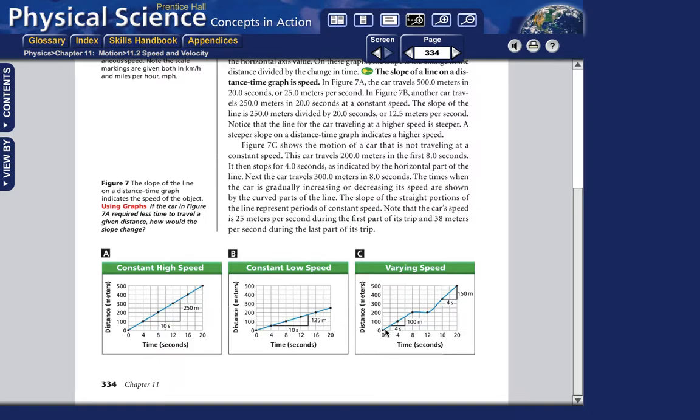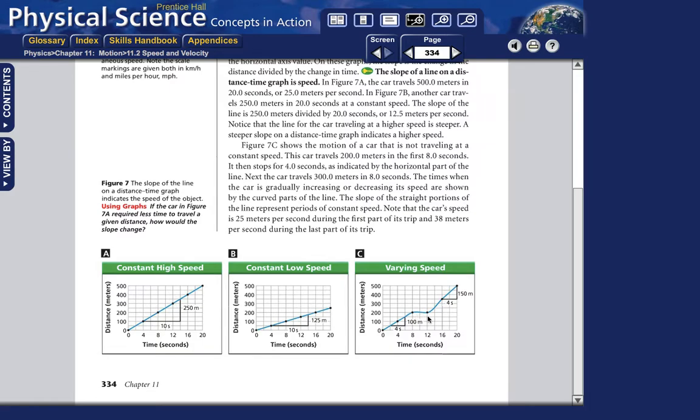All right, on this one right here, this is varying speed. You can see that they're increasing here, and then look what happened here. They stopped because the distance isn't increasing. So when it's a straight line like this, it means they stopped. It doesn't mean they're going the same speed. It means they stopped because the distance is not increasing, but the time is. Time does not stand still for you people.